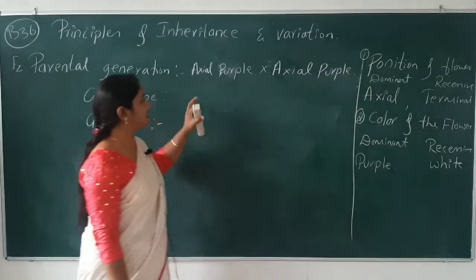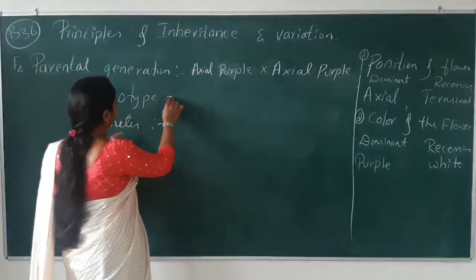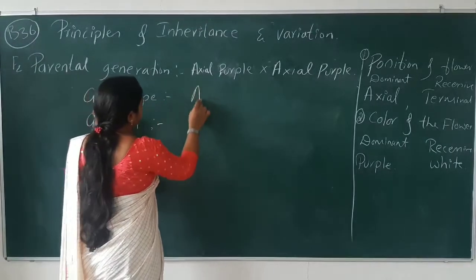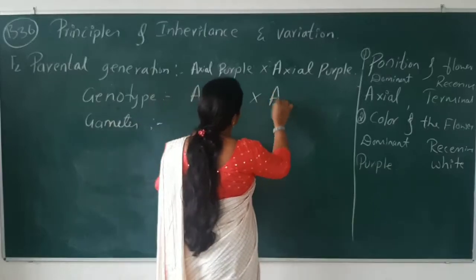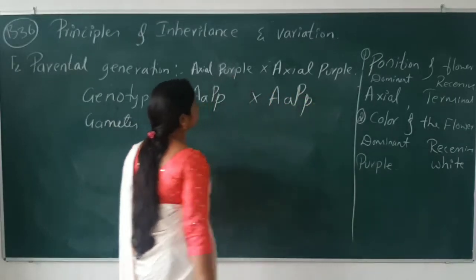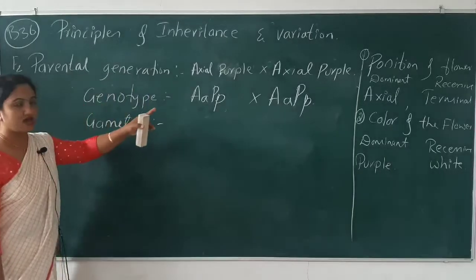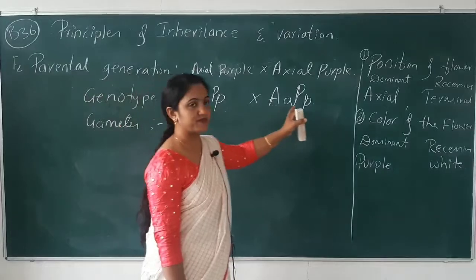But these parents are in heterozygous condition, which you have to indicate in the genotype: capital A, capital P, small p. It gets crossed with capital A, capital P, small p. Work on it. You will come to know how these offspring came.